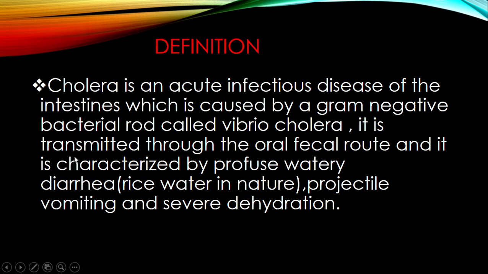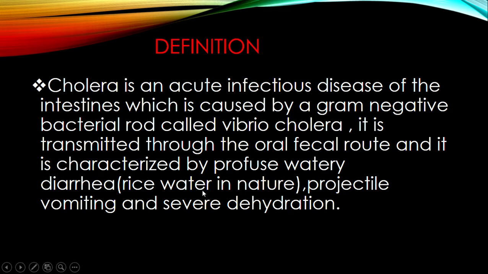Notice that we have mentioned the system that it affects, which is the intestines under the GIT. Then we have mentioned how it is transmitted, through the oral fecal route, and we have mentioned the causative organism, which is Vibrio cholerae, and we have talked about the signs and symptoms as well.